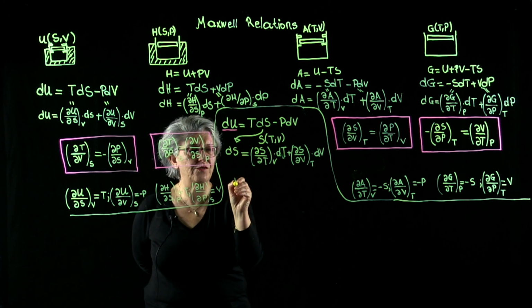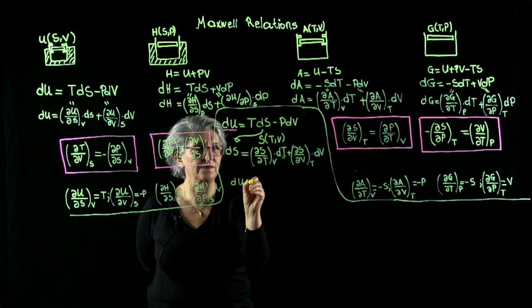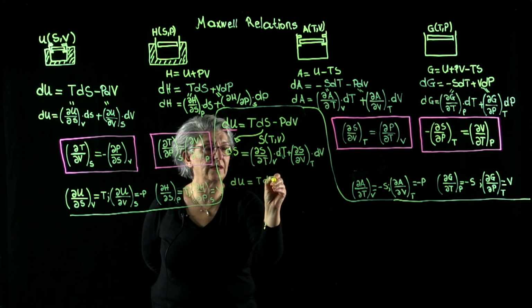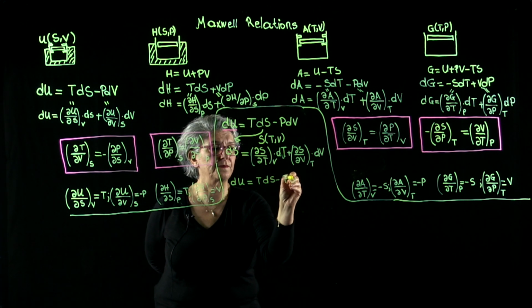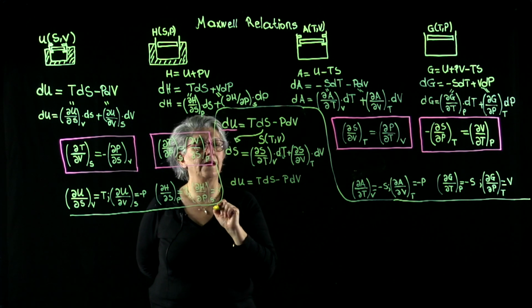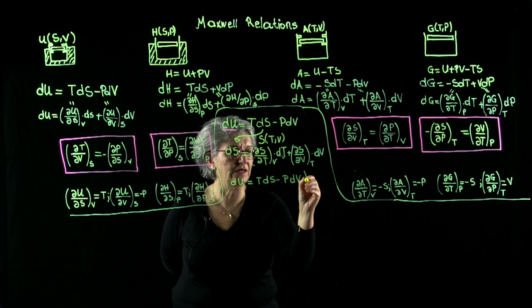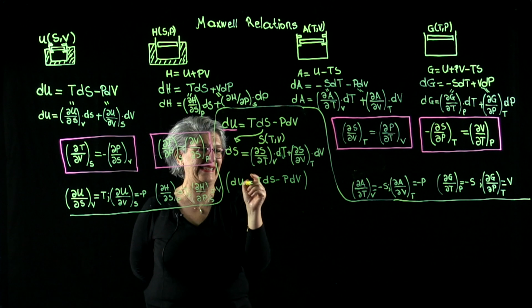So I will start from du. Again, the same function, TdS minus PdV. I will divide both sides of this equation by dT.